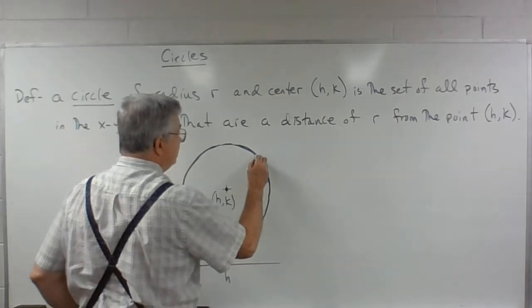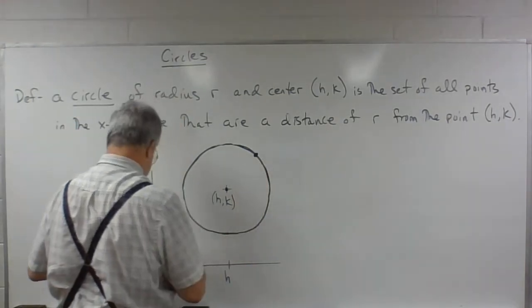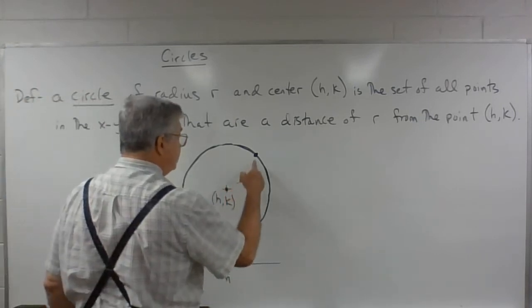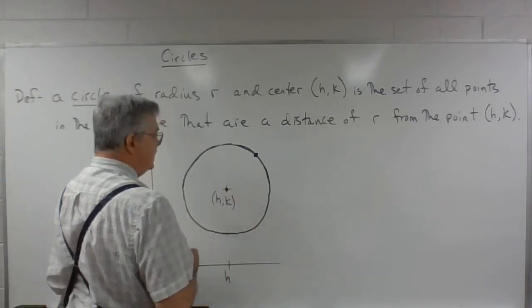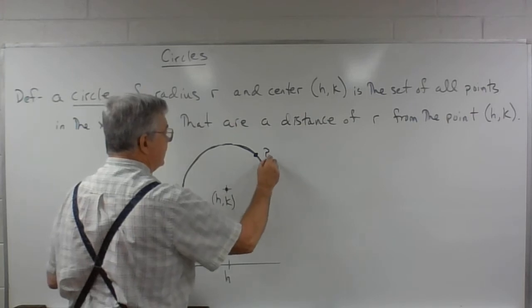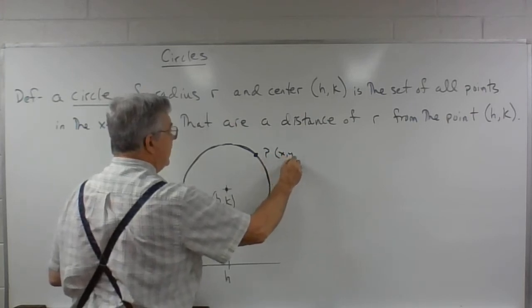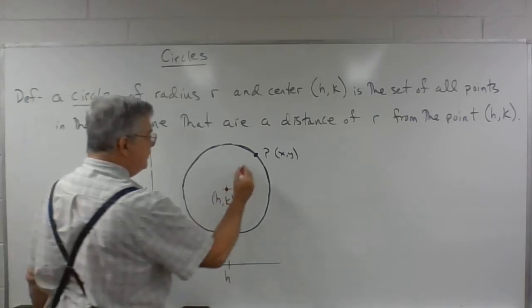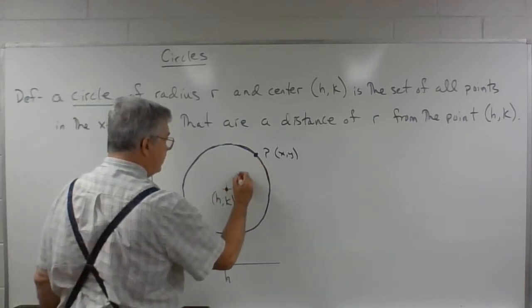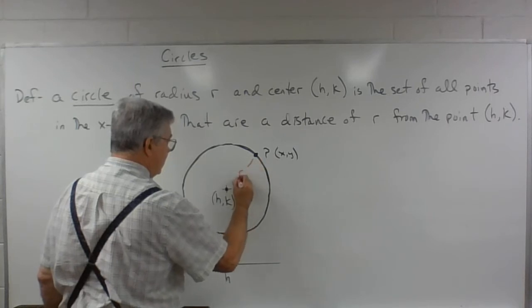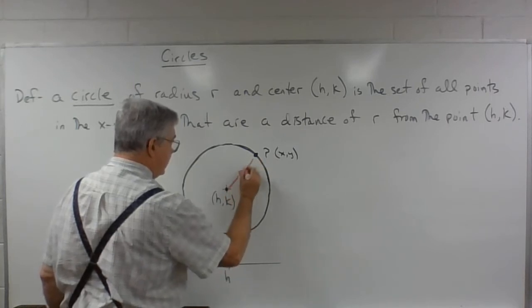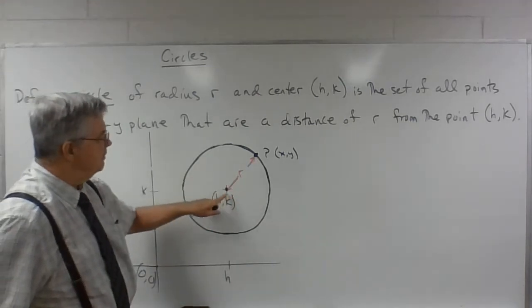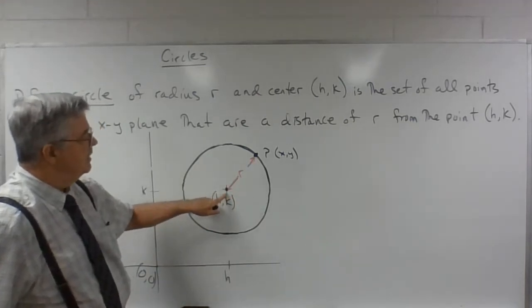So let me take this point right here. The distance from this point P, and we'll call that (x, y), to the center (h, k), the distance from the point on the circle to the center is r.